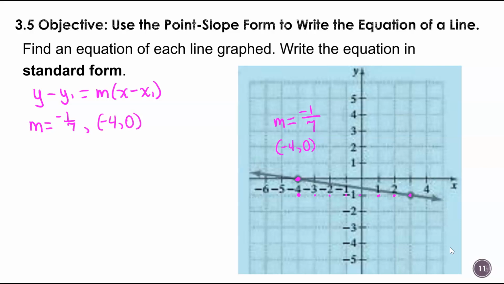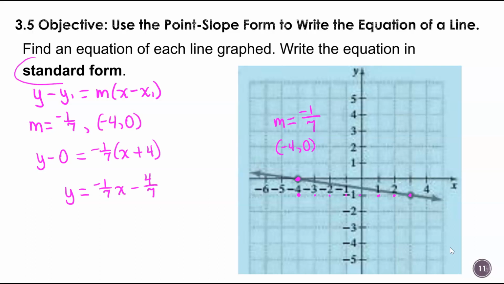Okay, I like zeros because that makes it a little bit easier actually. So I will have y minus 0 because my y coordinate is at 0. -1/7 times x minus -4 would be +4. I can drop the 0. And now I have -1/7 x minus 4/7.